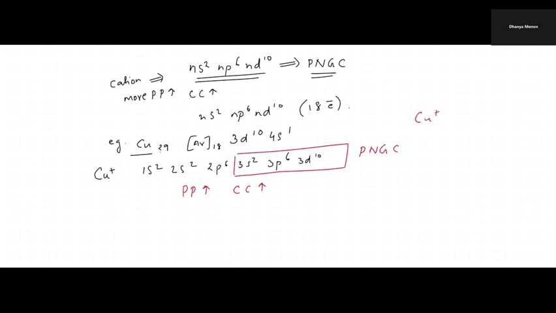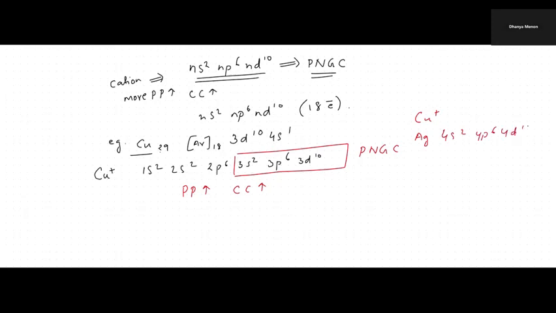Similarly, silver. Below copper is the silver. So what will be the configuration for silver ion? I'm just writing down the outer configuration, okay? 4s2, 4p6, 4d10, because silver is below copper.